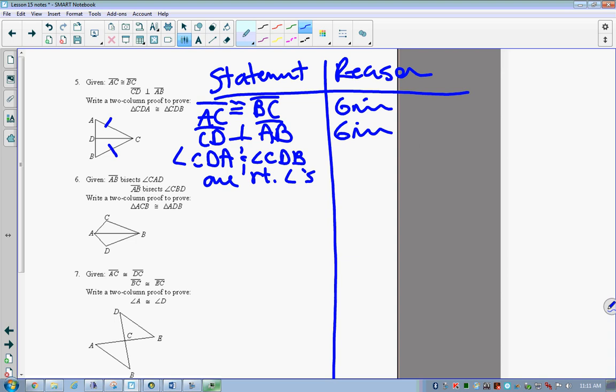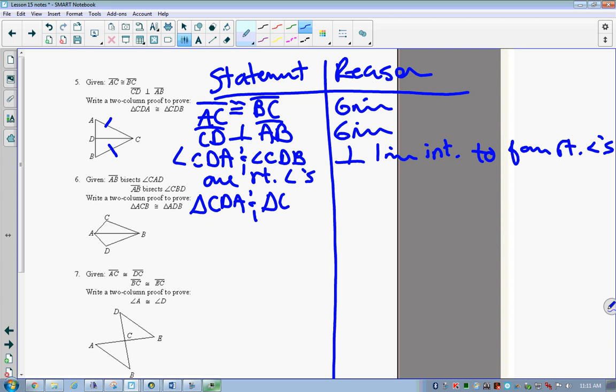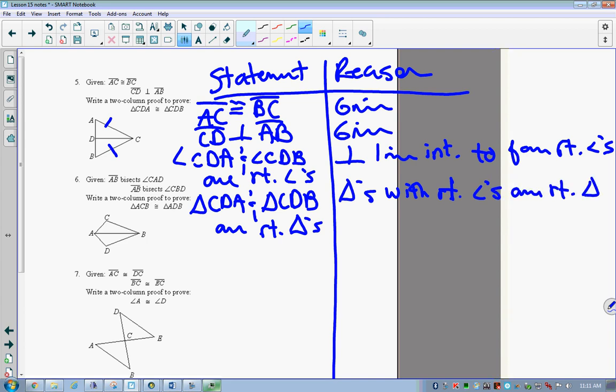And this is kind of a long, wordy deal, but perpendicular lines intersect to form right angles. And because of that, triangle CDA and triangle CDB are right triangles, because triangles with right angles are right triangles.